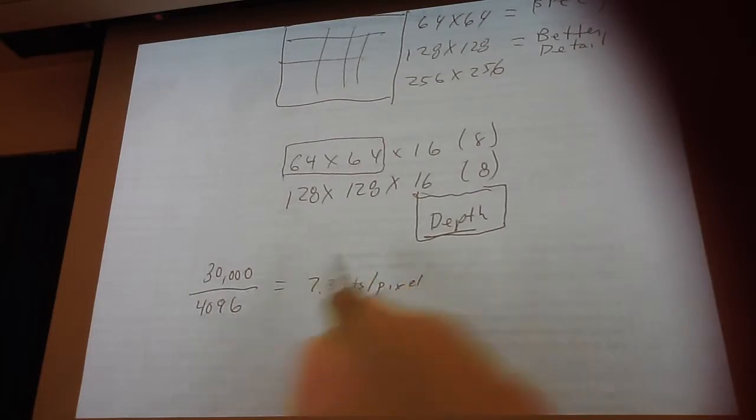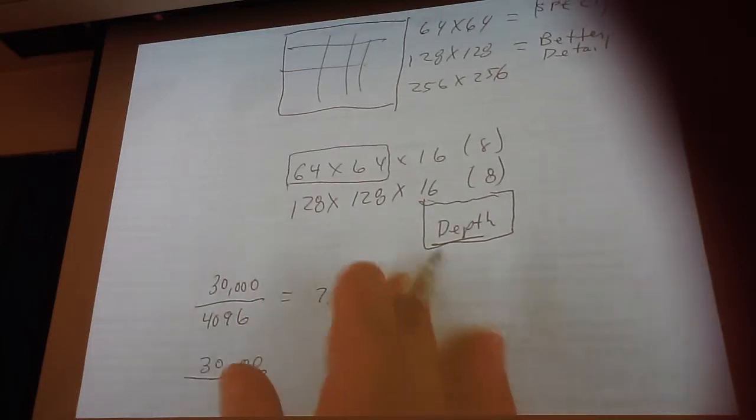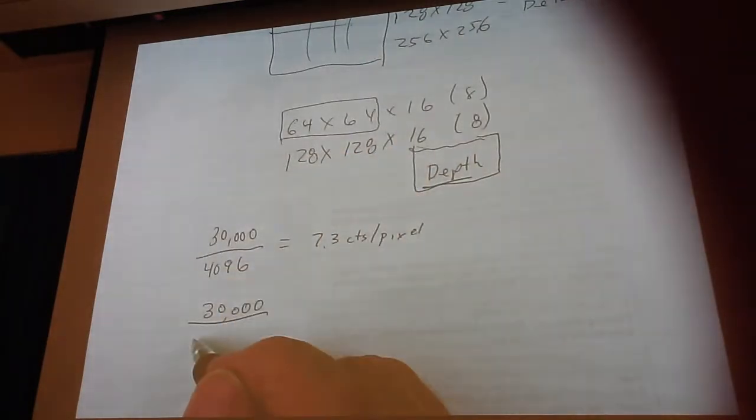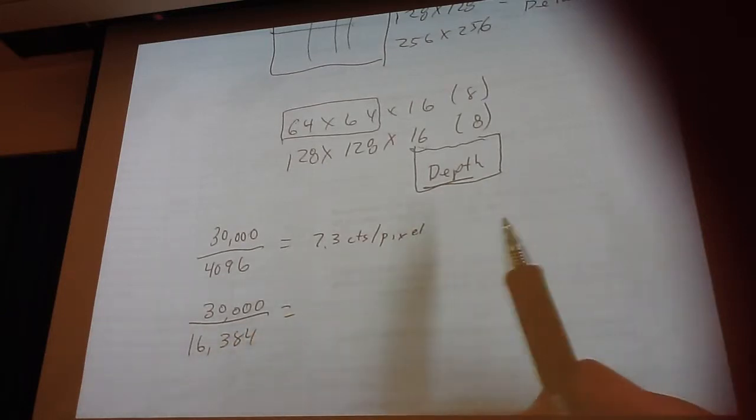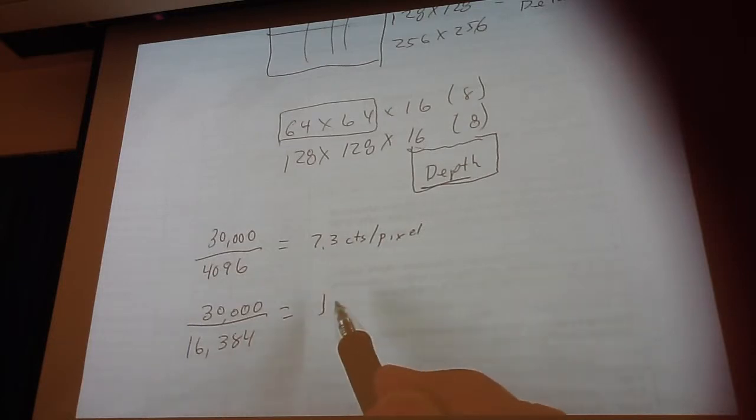Okay, and if I did the same 30,000 counts, and I put it into 128 by 128, which I think is 16,384, how many counts per pixel is that? Less counts, so the image quality is reduced, right? Yeah.